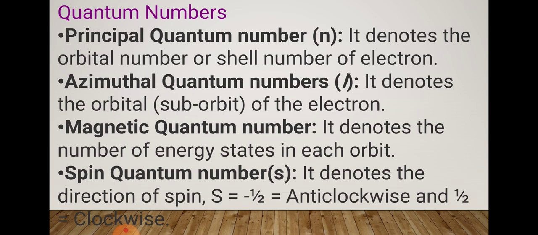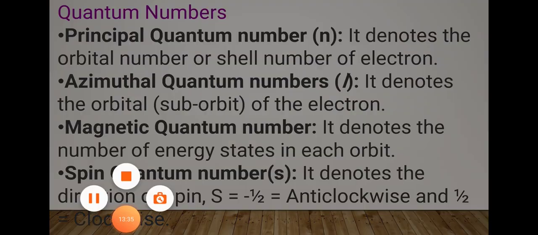And the fourth quantum number, that is spin quantum number of the electron, is about its own axis and it is called spin quantum number. So quantum numbers give complete information about the electron in atom regarding its principal energy level, sub-energy level, orientation of the orbital and spin of the electron.